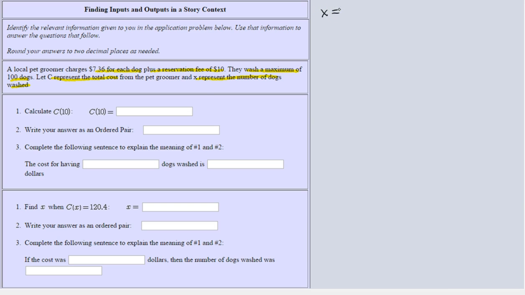X equals the number of dogs washed, and C of X, or C, represents the total cost. So I'm going to write C of X is the total cost for X dogs washed.